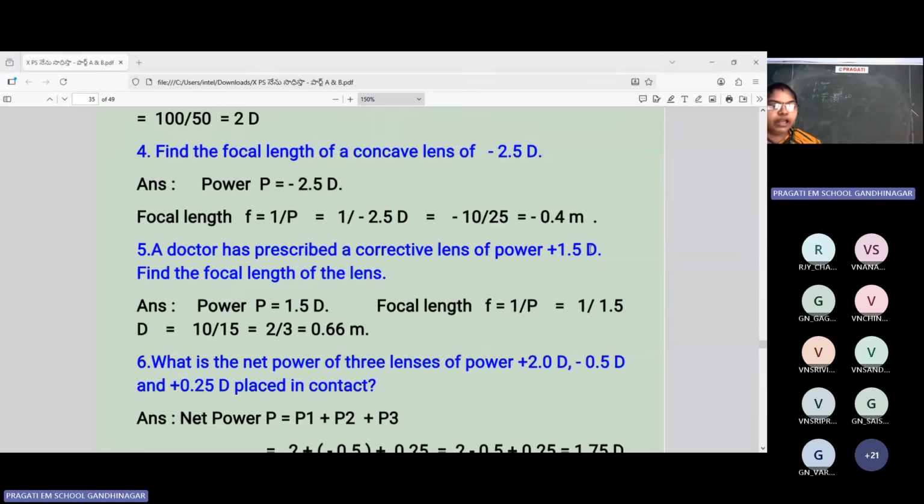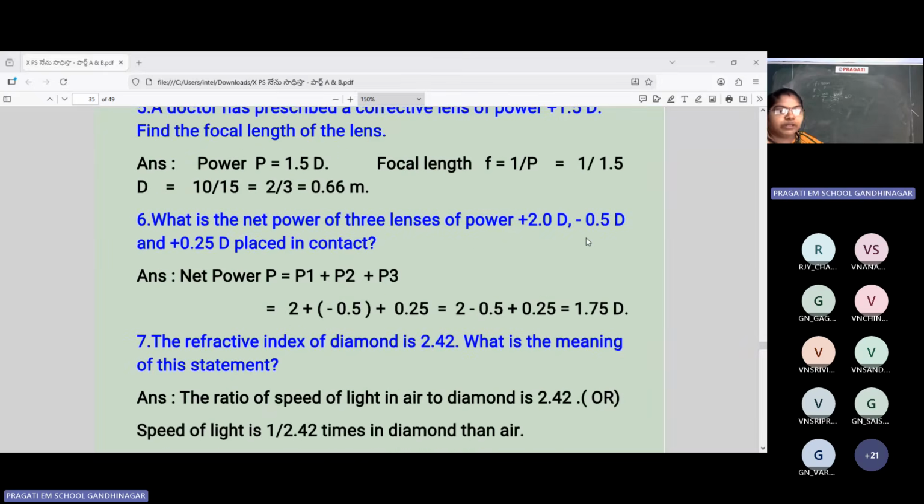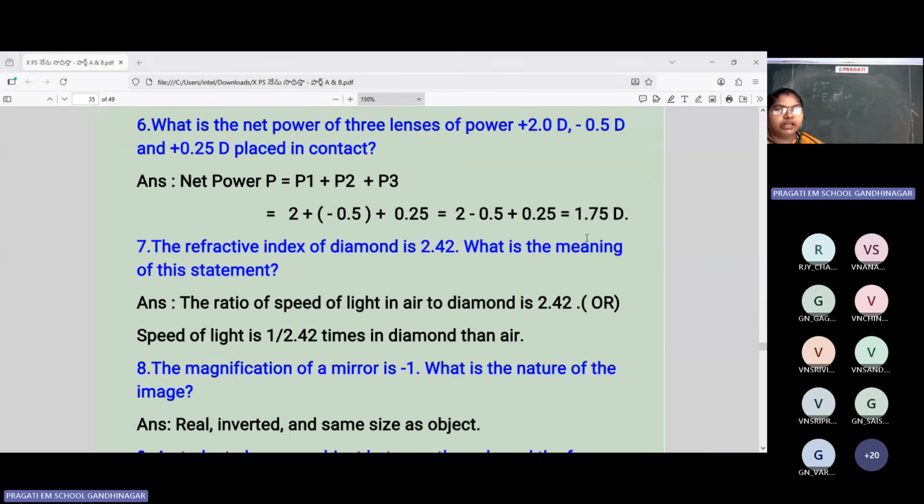Next, see the fifth one. A doctor has prescribed a corrective lens of power plus 1.5D. Find the focal length of the lens. This you can do. Sixth one. What is the net power of the three lenses of power plus 2.0D, minus 0.5D and plus 0.25D placed in contact?